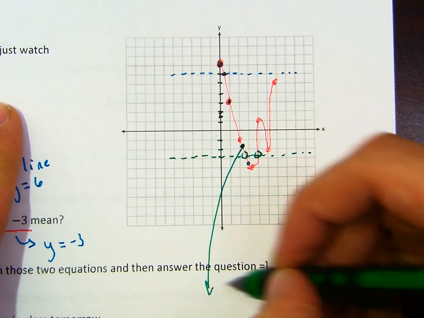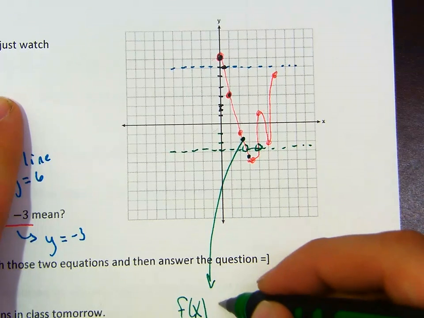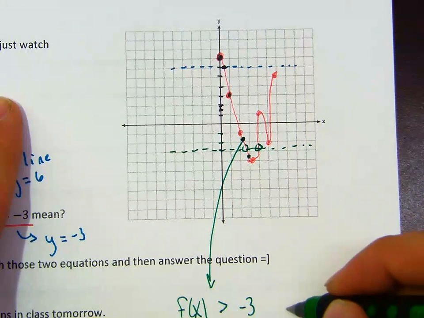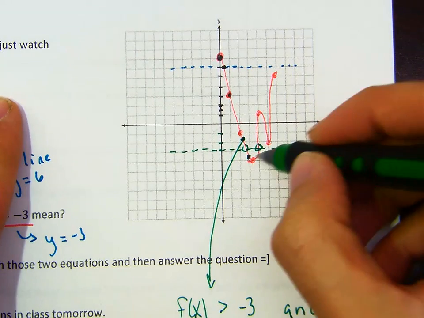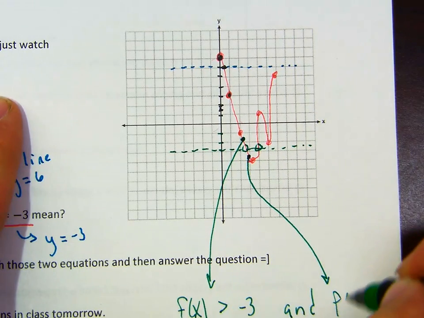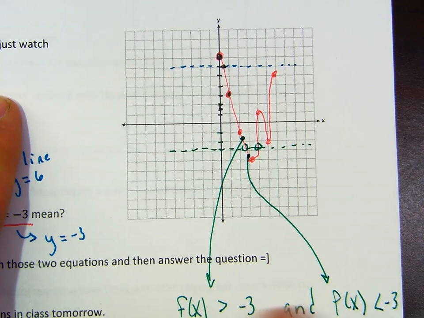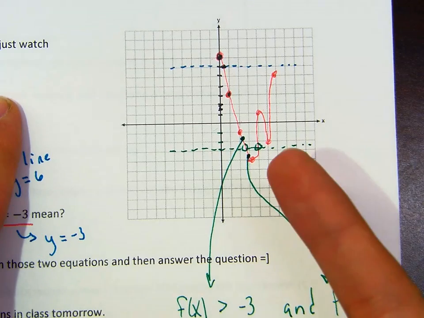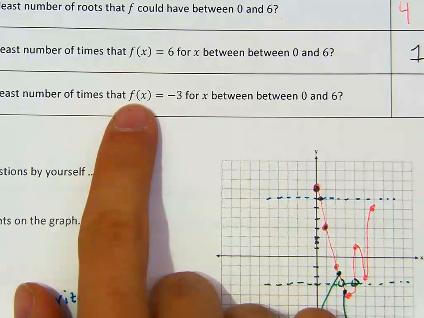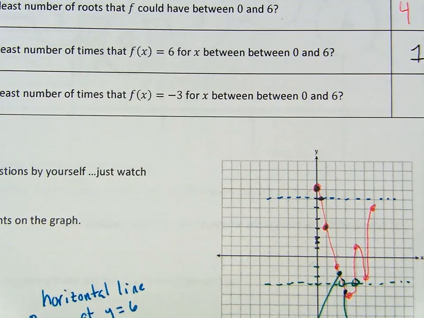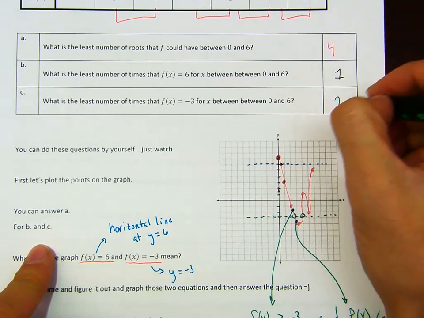This f of x value is greater than -3, and this f of x value over here is less than -3. Once you have this condition, there has to be one intersection, which shows there's at least one place where f of x is equal to -3. So for this one it was 2.